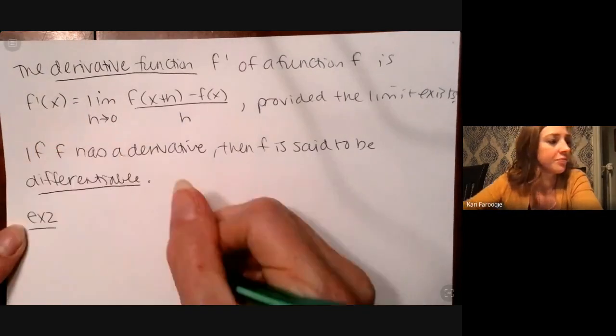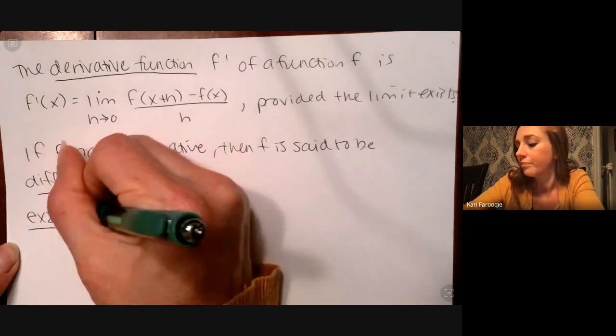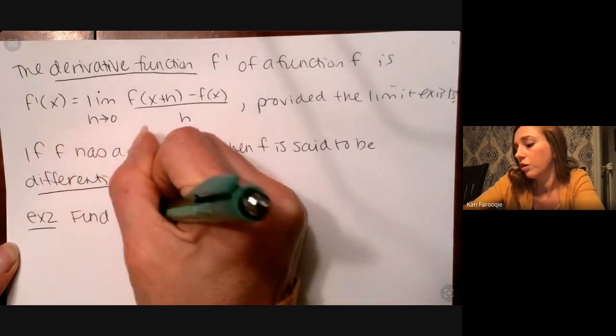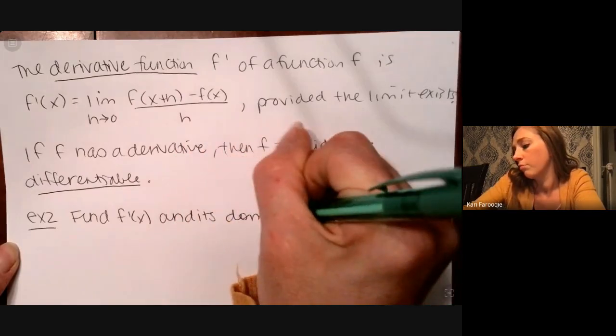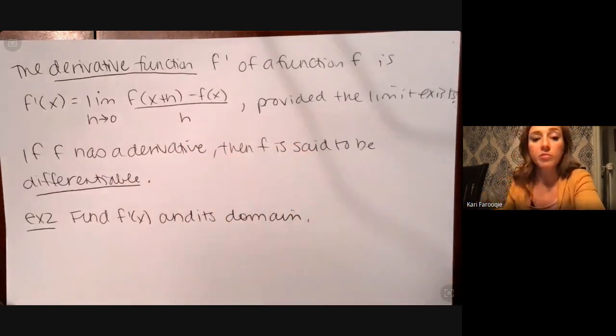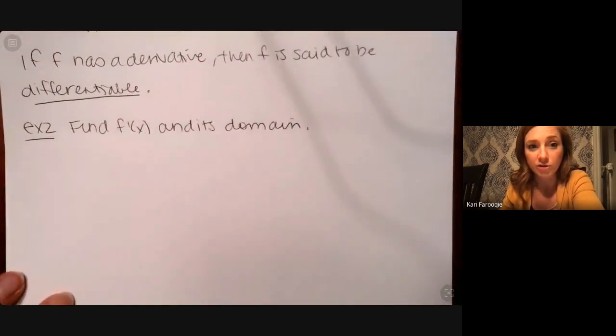Example 2, find f prime of x and its domain. It's important that we know the domain of f prime because we need to know where this function is differentiable.